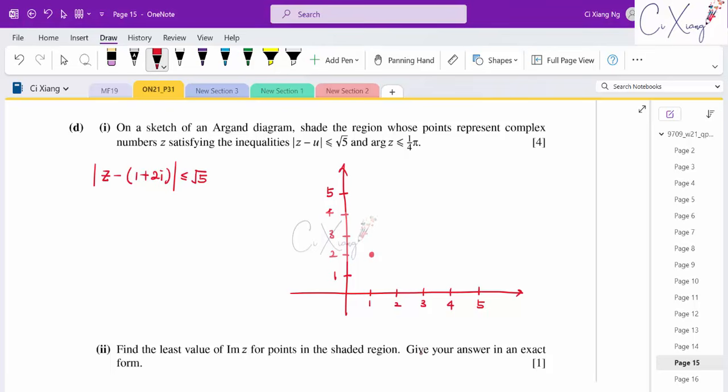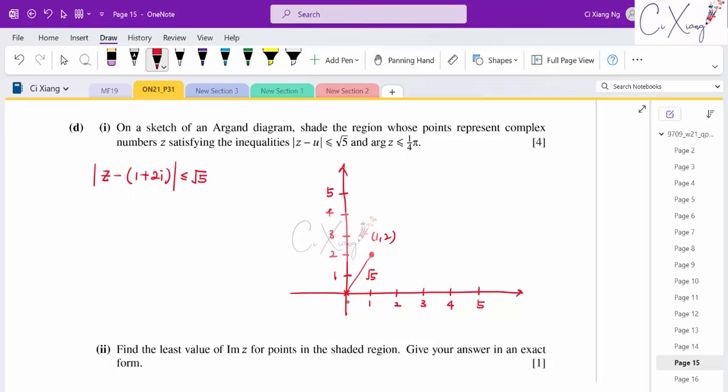But there's one important thing that you need to be aware of. Since the radius is square root 5, you should be aware that from 0 to the point 1, 2, the length here is actually square root 5. Which means that when you draw the circle for this particular curve, the circle must pass through the origin, which is 0, 0.